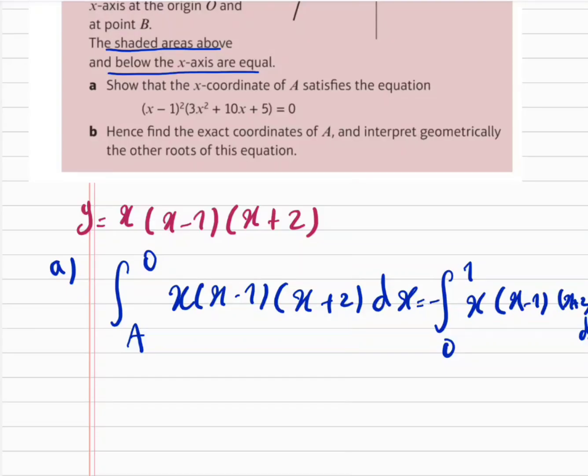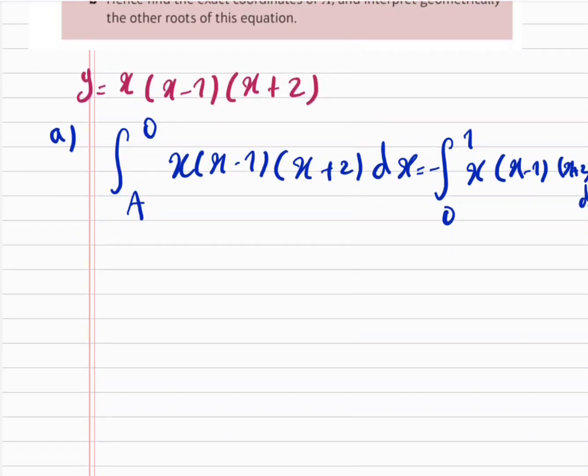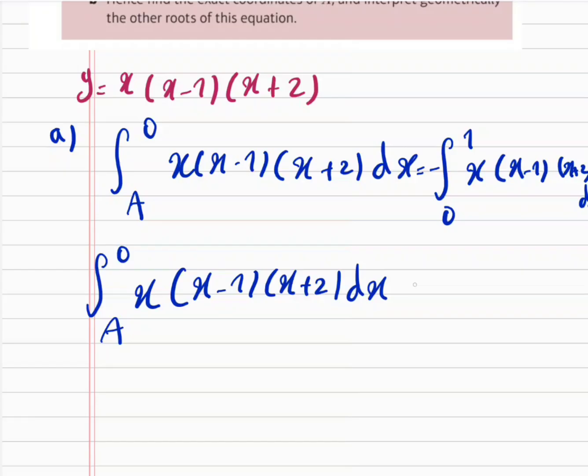Now that we have this equation, we can move this integral to the left hand side and simplify. Let's write that first: the integral of x times (x minus 1) times (x plus 2) dx. This one becomes plus, and again the function itself is the same, just the limits are different.